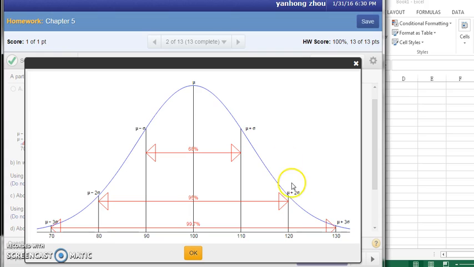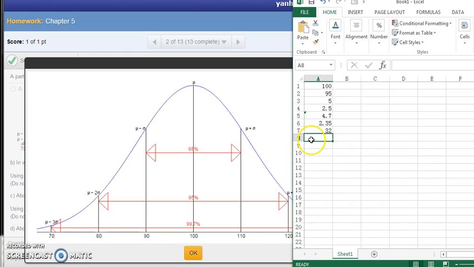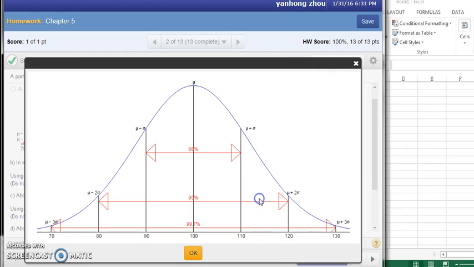So those 32% means the area from 110 to the upper side and the area below 90. So those two areas add up to 32. And now we're only interested in one side, right?